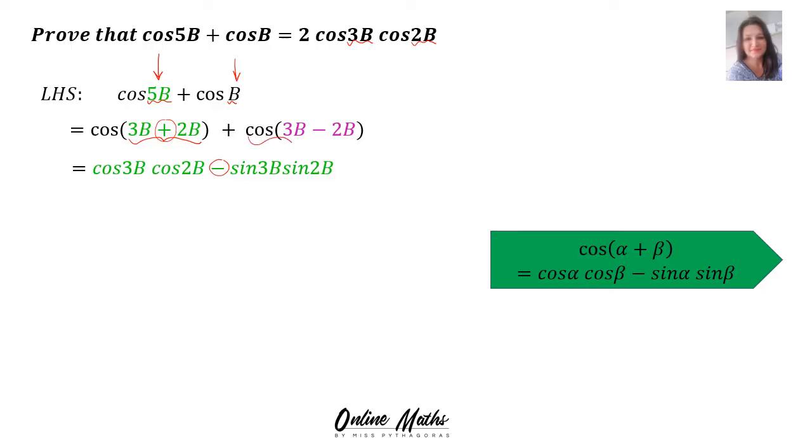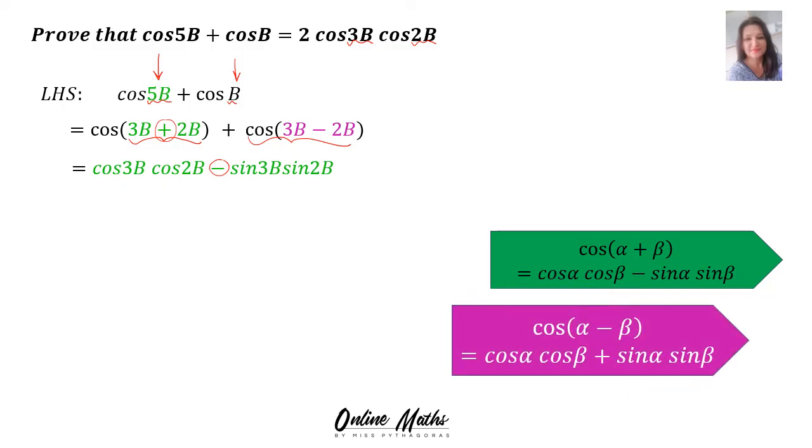Remember, when this is a plus, this is a minus. And then this one, the cos of 3b minus 2b, that was the previous lesson. Cos alpha minus beta. From the formula sheet, we can write that one as cos 3b cos 2b plus sin 3b sin 2b.